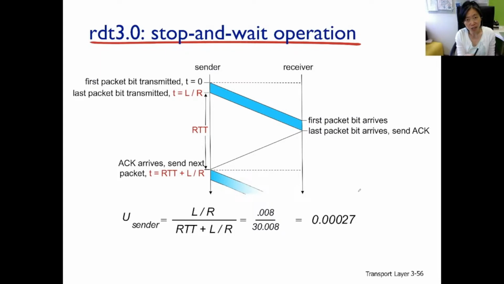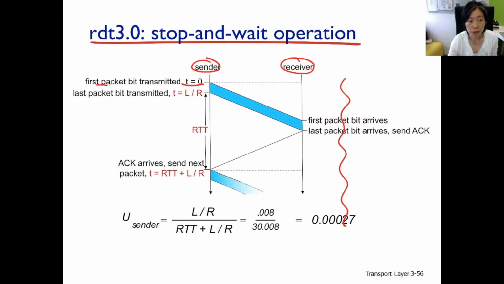If I illustrate the scenario I just described, here are the sender, the receiver, and the timeline. At time 0, the first packet bit is transmitted. So right here, the first bit goes onto the link, and it takes this amount of time, the time to transmit all bits of the packet. So the last packet bit is transmitted right at this time.